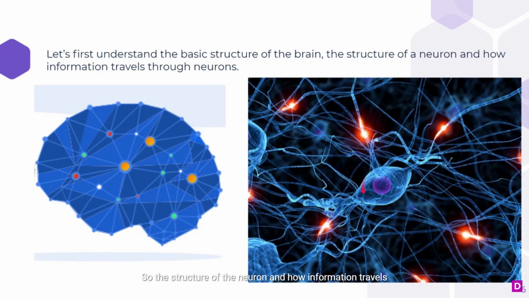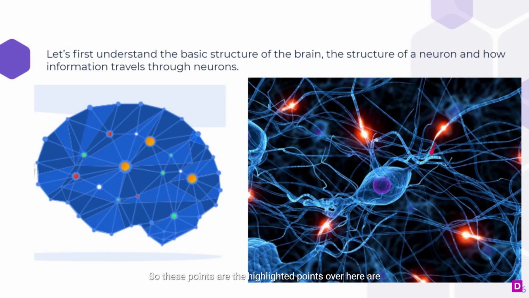So the structure of the neuron and how information travels through the neurons. I have taken a gross pictorial representation of a human brain on the left hand side. This is a human brain, and all those points which I tried to represent over here are considered neurons. Neurons are the building elements of the human brain.